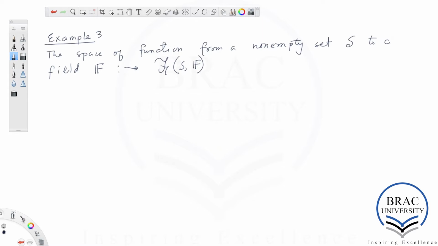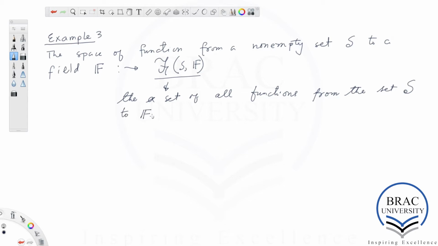Now this is the set of all functions from the given set S to the given field F. Okay, so if I pick up two elements f and g from this set script F, then the addition of these two functions, evaluated at the point s of this set big S, is defined as f of s plus g of s.